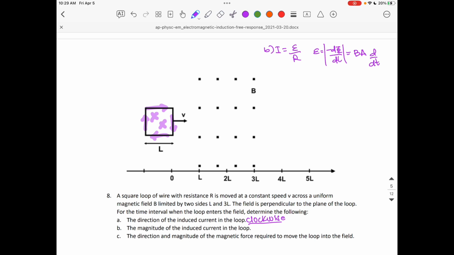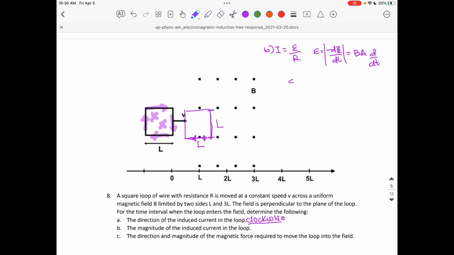And even though the area of the loop isn't changing, as it moves into the field, the length, or we can even call it the width here, that is filling the loop is increasing. And so we know this length stays the same, but we've got a change in area because the magnetic flux is filling more and more area over time.